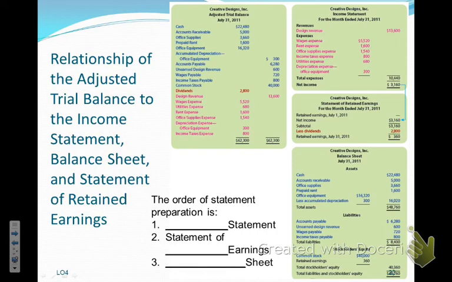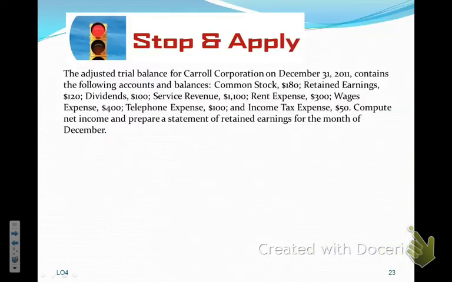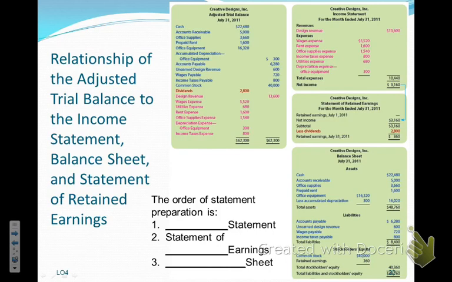And then here is a little snapshot of the relationship of the adjusted trial balance to the income statement, balance sheet, and statement of retained earnings. The order of the statement preparation is, if you would, put that down: what is first, what is second, and identify what is third.